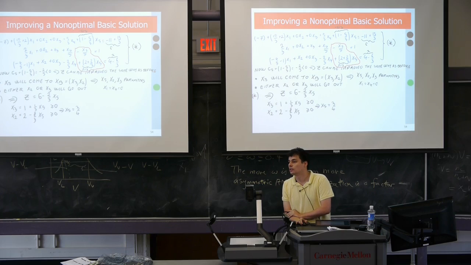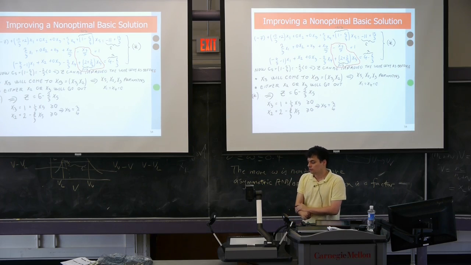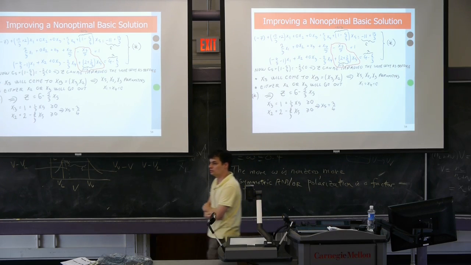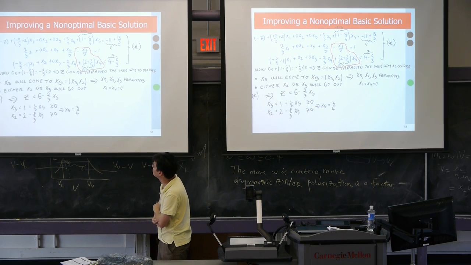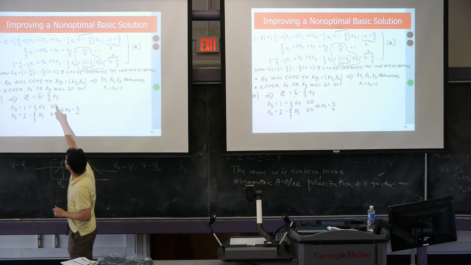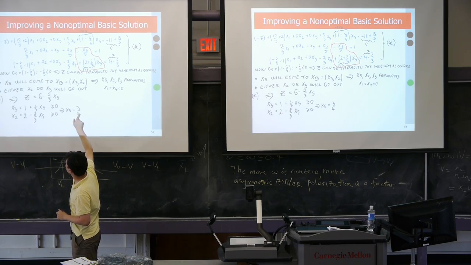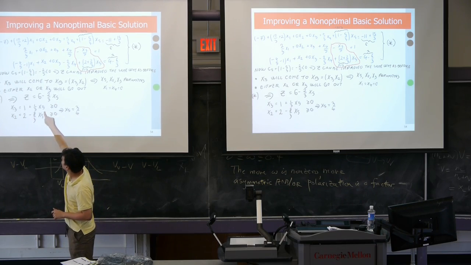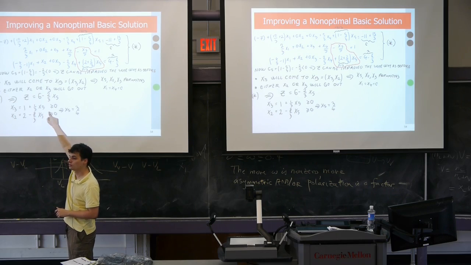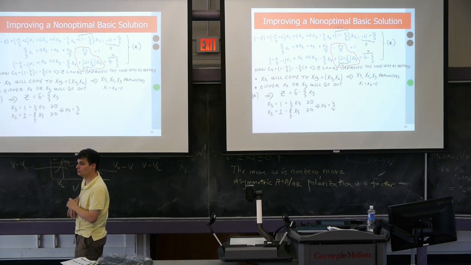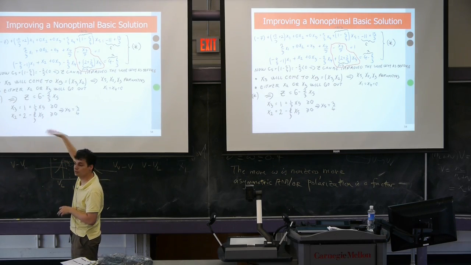Yes? So if we set x5 as 3 over 4, then x3 would be bigger than 1. So we concluded in the last canonical form that x3 cannot be more than... oh, it's changing.